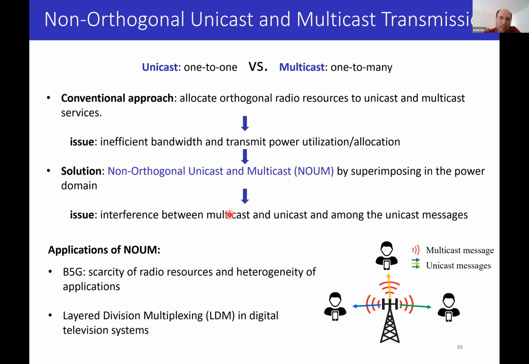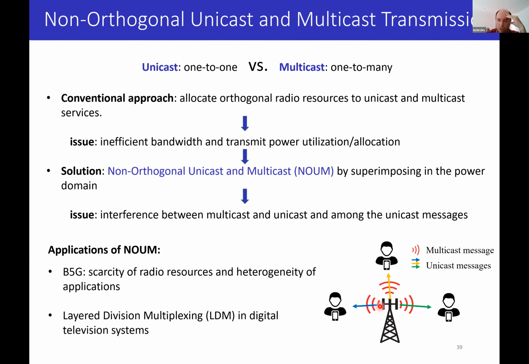The problem is that if you transmit multiple unicast streams and on top of this you have a multicast stream, you're going to have no interference between the unicast streams, the same as multi-user MIMO or SDMA, but on top of this the multicast creates interference to the unicast, right? Nevertheless, this is an important scenario in 5G and 6G, because you end up with more and more mixed traffic or mixed services that require not only unicast, but also multicast or a combination of them.